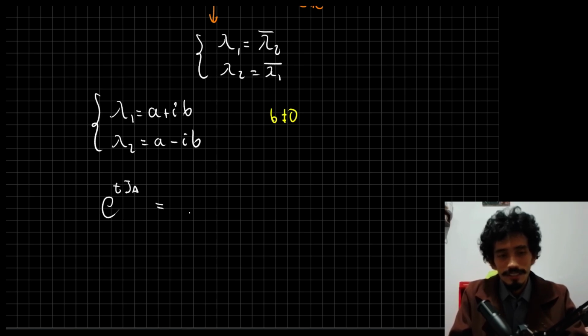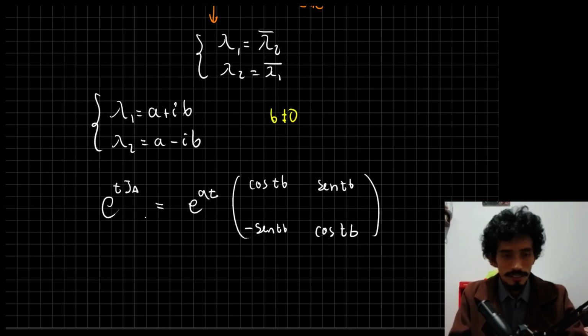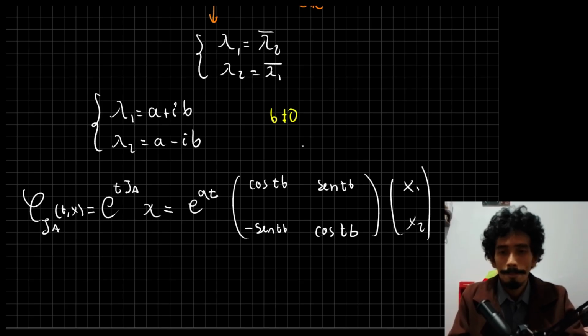And you know by theory that this is equal to the exponential of at times the cosine of tb, and here the same. This is a property. Minus the sine of tb. So this is a known fact. So the flux will be equal to this thing times the vector.